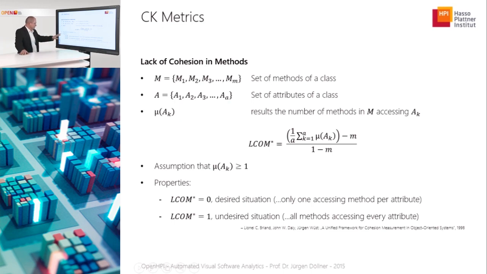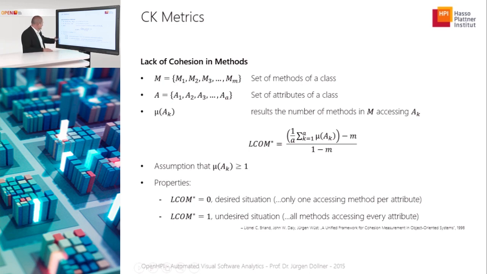That means, assuming that each attribute is accessed by at least one method, that we have a value towards 0 if only one method per attribute uses that attribute, in the average case, and we get a lack of cohesion in methods value of 1 in a kind of undesired situation, if all methods would access almost every attribute. So this measure somehow reflects how methods access attributes within one class in the average case.